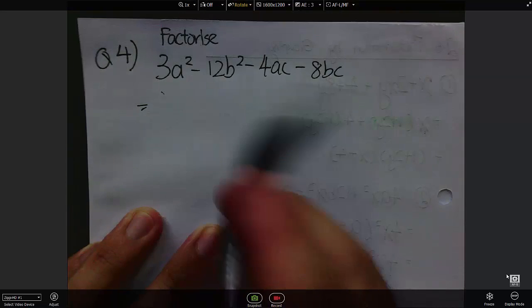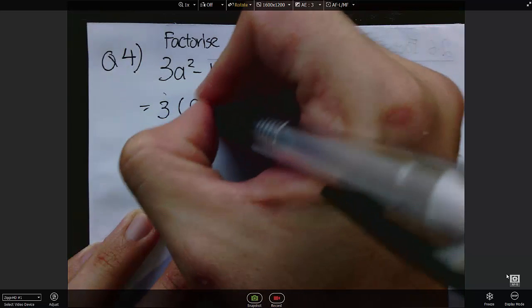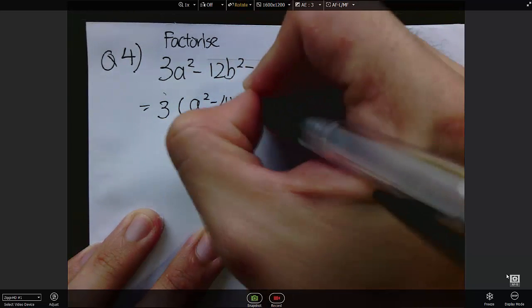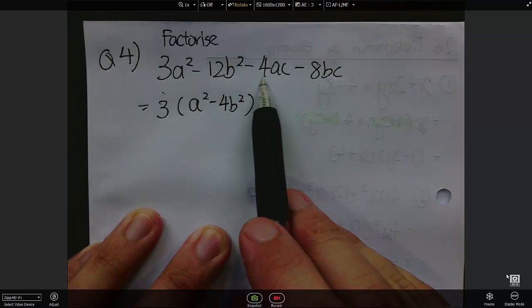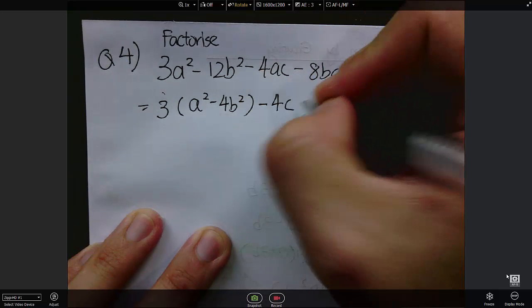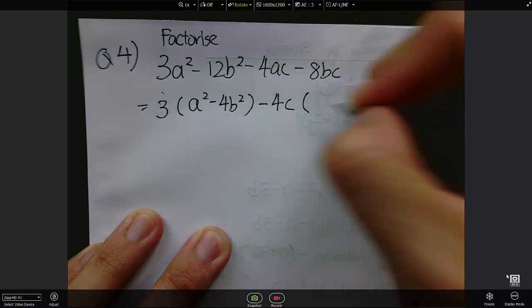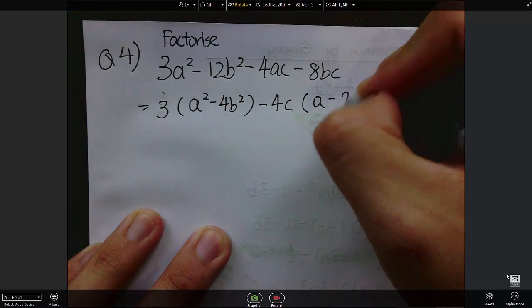First and foremost, if I see 3 and 12, the obvious one is to factorize 3. So I get a squared minus 4b squared. Here and here I can factorize negative 4 and c. I factorize negative 4 and c, and I'm left with a minus 2b.